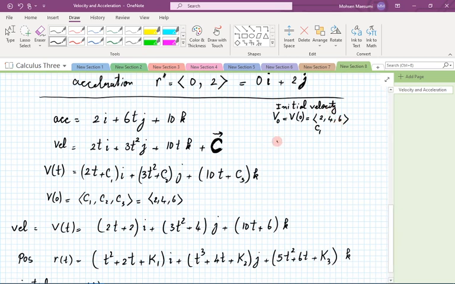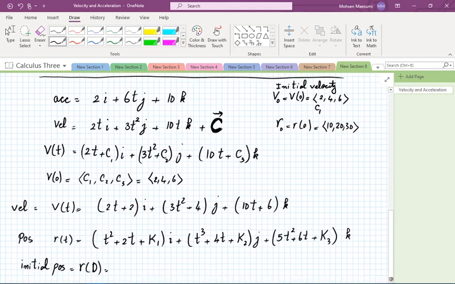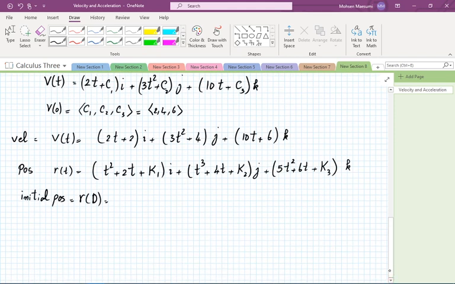So suppose we have R0 or R at time 0, and let's make that to be nice numbers: 10, 20, and 30. So if I have such a thing as initial position, and given that the rest of these things at time 0, so at time 0 this thing becomes K1, K2, K3 in this case.